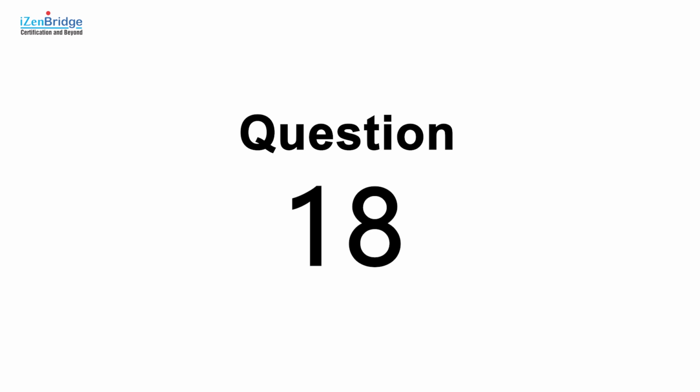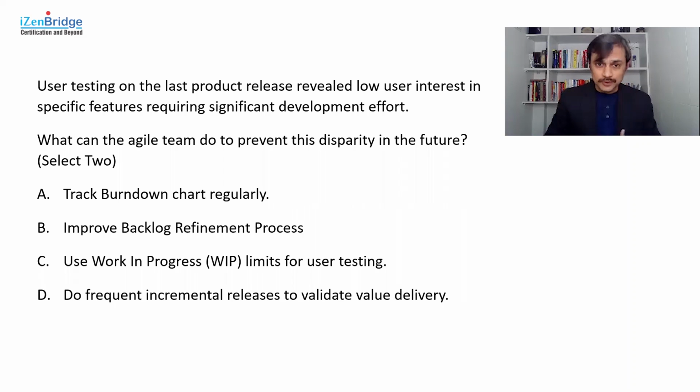Question 18. User testing on the last product release revealed low user interest in specific features requiring significant development effort. Okay, what can the agile team do to prevent this disparity in the future? Select 2. So you need to pick 2 right options out of 4 available. Track burn down chart regularly.